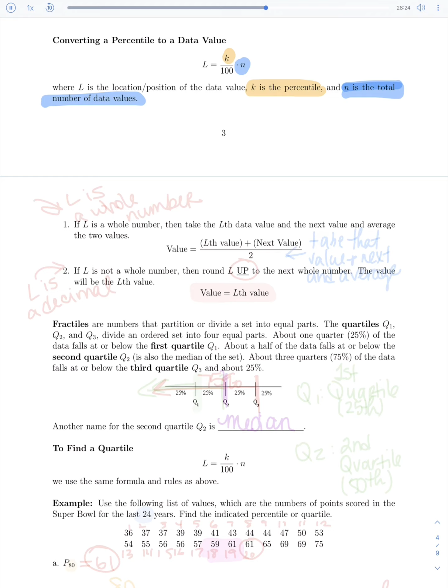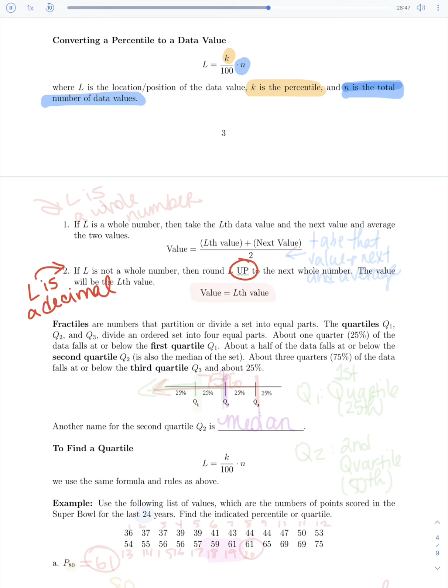It's actually easier if it's a decimal. So if L is a decimal, we'll do what's listed in Rule 2. If L is a decimal, then we're just going to automatically round it up no matter what decimal it is. So even if it's 12.1, we'll round it up to 13.